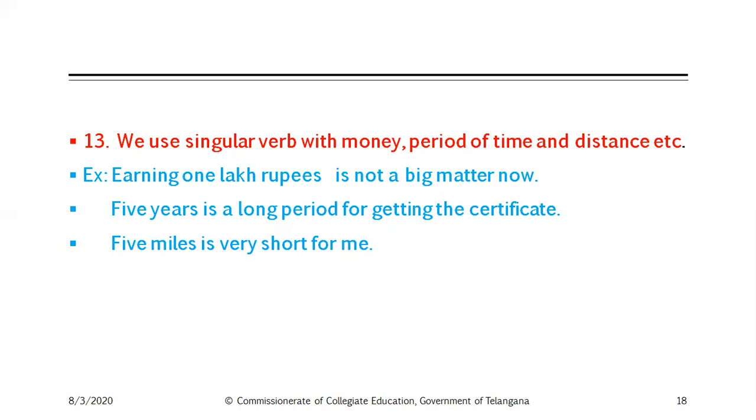Or 5 miles is very short for me because I am a good runner. So here, 5 years, 5 miles, 1 lakh rupees, these are all singular nouns. So they take singular verbs.